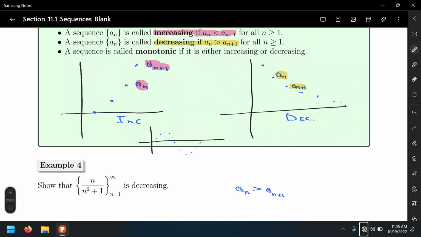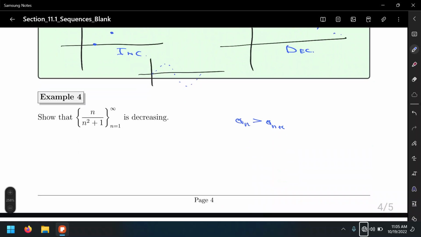However, how do we apply this condition to a general rule such as this sequence? Well, number one, let's identify a sub n, and a sub n is given, it's this n over n squared plus 1, and what would be a sub n plus 1?